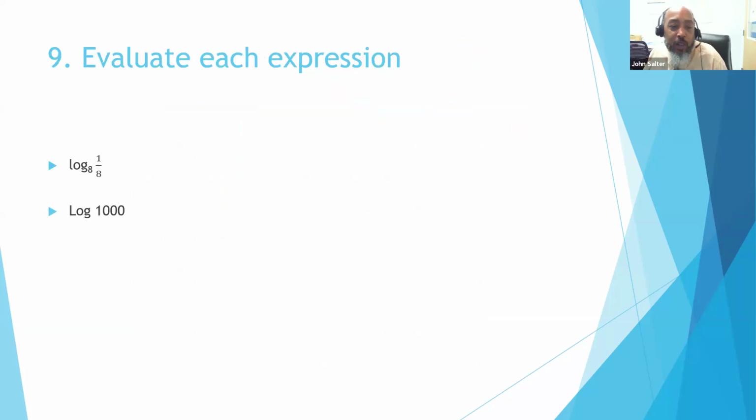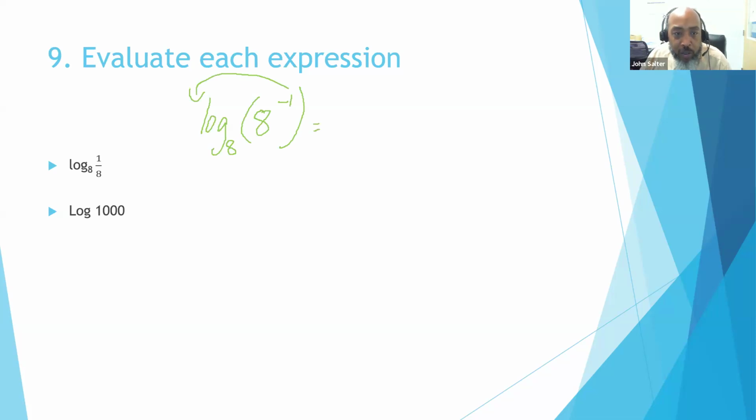Evaluate each expression. Log base 8 of 1/8. Well, this argument, I can rewrite that. Log base 8 of, I could call that 8 to the negative first power, because a negative exponent makes you do the reciprocal. But I know that when I have an exponent, I can move the exponent out front.